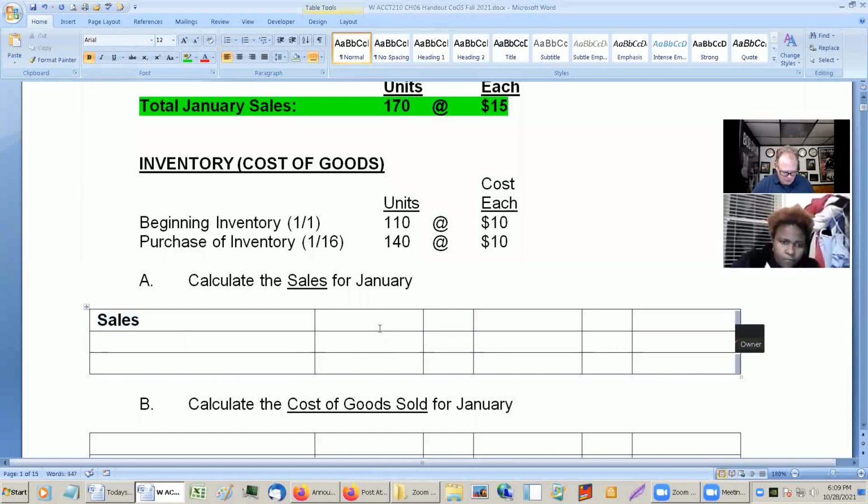Okay, so we have some units that we sold. And the price was, so these are for January. We sold each of those for $15.